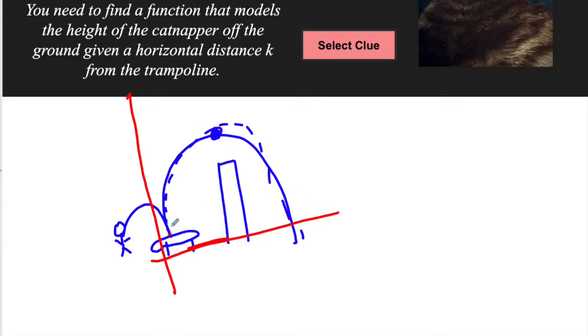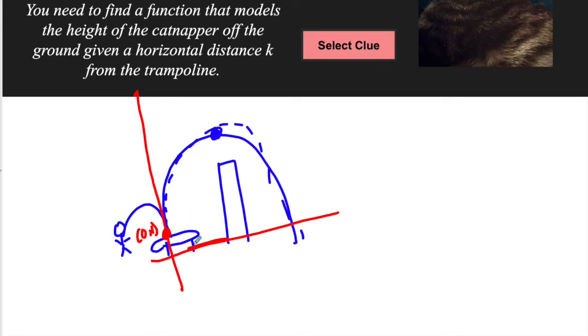So more or less, all right. This point where he first hits the trampoline is here. Okay? So he hits the trampoline here. This is 0, 1. And he prepares to go over the fence.